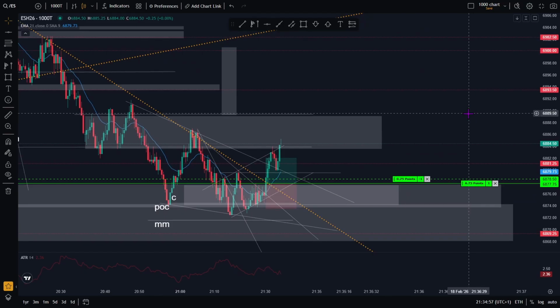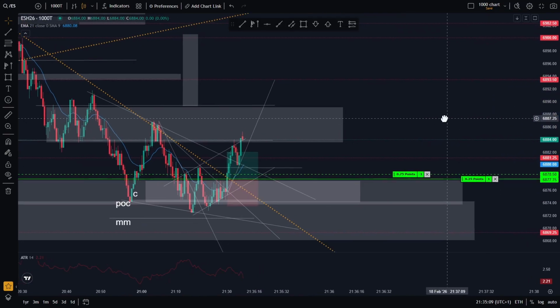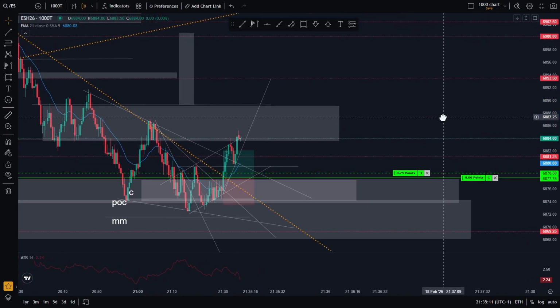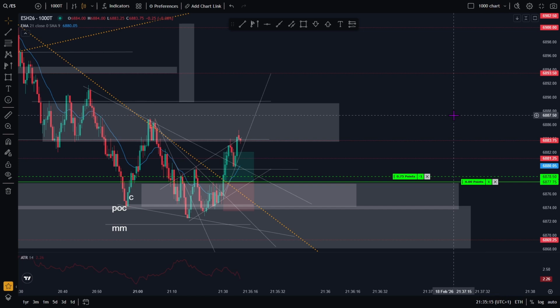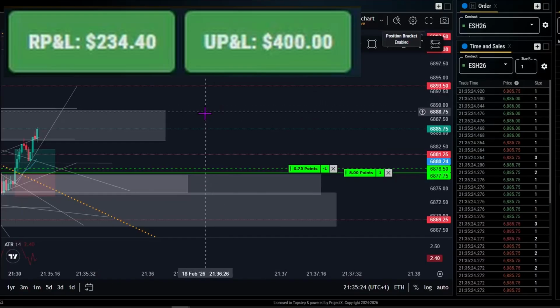Let's see if this works. So now we need to see a trap. They're probably going to move price down to the exponential moving average. This is a huge, yes, exactly.